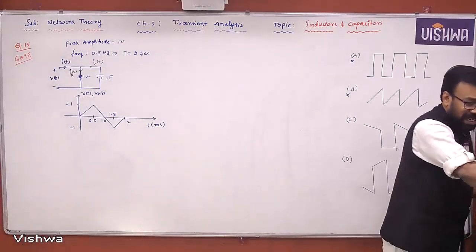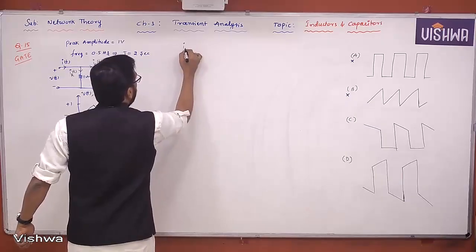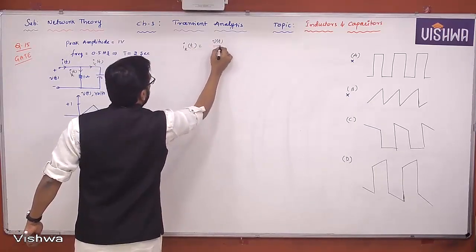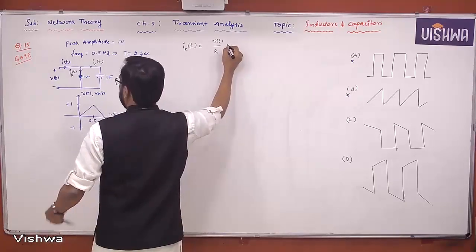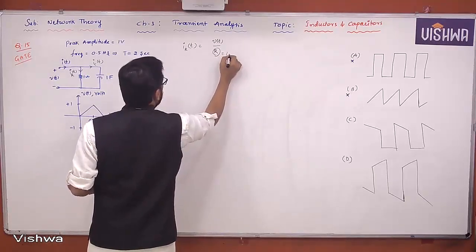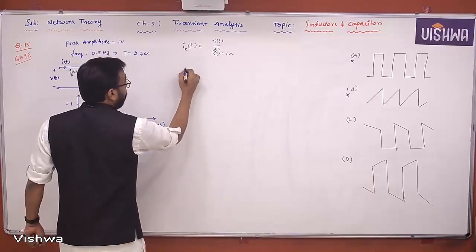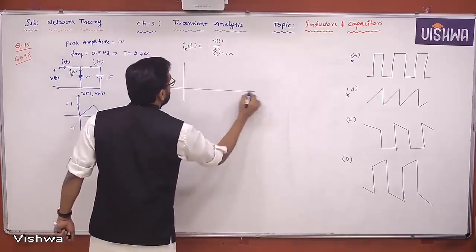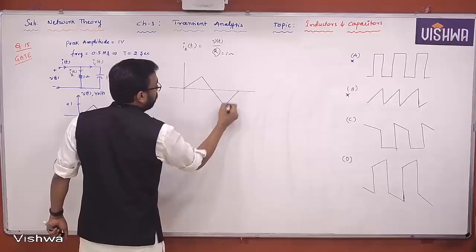First let me draw, because I have IR of t is nothing but V of t by R. Then obviously, what is V of t by R? This is 1 ohm, right? Then I get a waveform, and this particular waveform will become the same as the voltage waveform we have received.